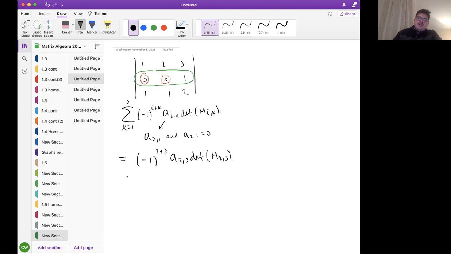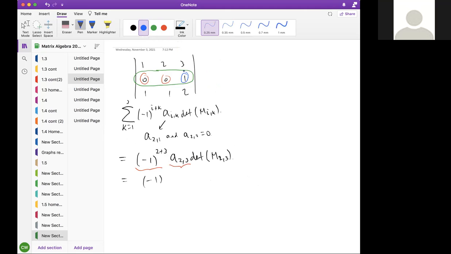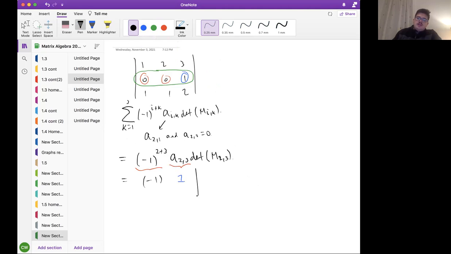So let's do that. What is (-1) to the 2 plus 3? It's -1, right? Because (-1) to the 5 is -1. What is a23? That's just our entry here. And then someone give me M23.